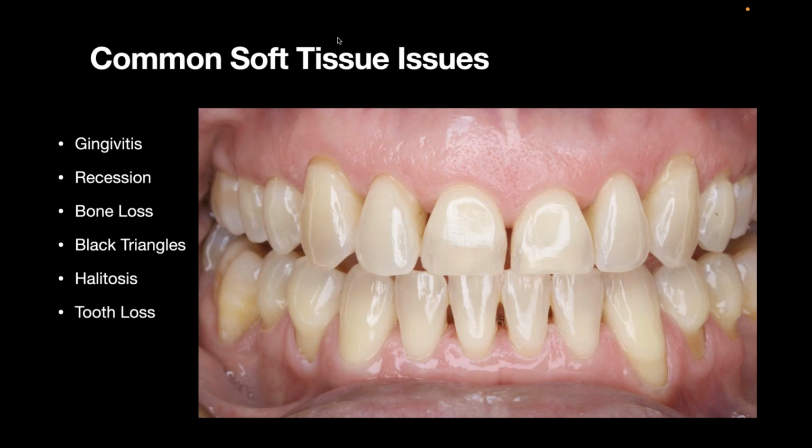Well, the first one is going to be gingivitis or periodontitis, right? So if we have red, inflamed, bleeding gums, or a lot of bone loss or recession, or even black triangles where we have spaces in between the teeth, like you see on these lower teeth down here, it makes the patient's smile look a lot older.